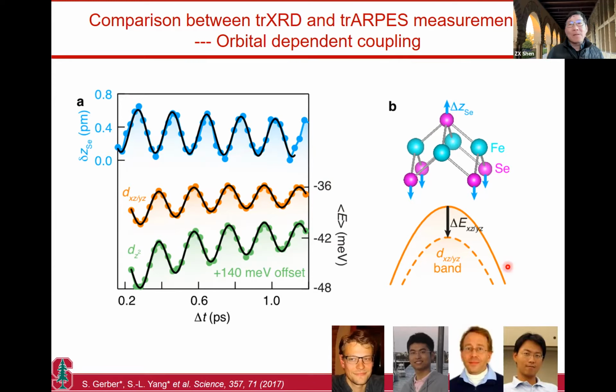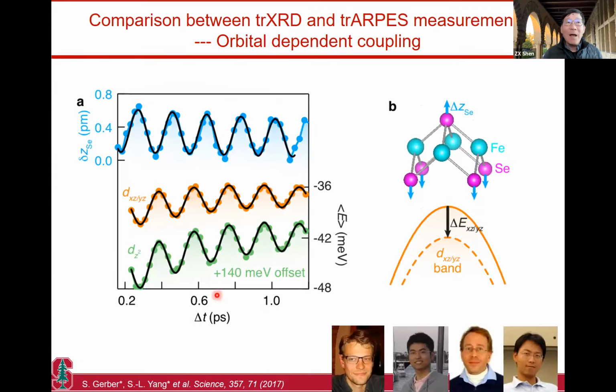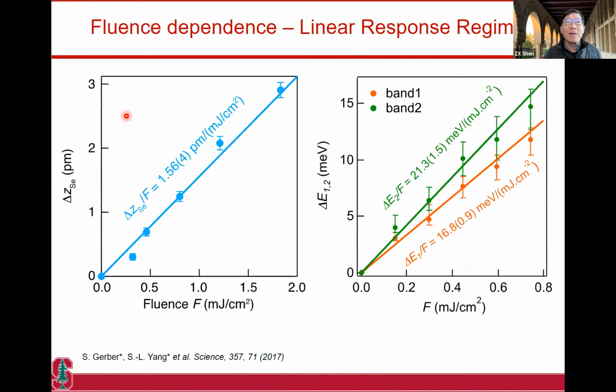Okay. So now if you put this together, then you can see that. Now, as I said earlier, we want to make a ground state measurement. That means you need to ensure that you are in a linear response regime. And this shows the fluence dependence of the amplitude of delta Z. You can see that as the fluence goes towards zero, the amplitude also goes to zero.